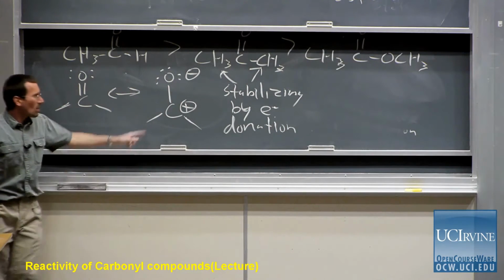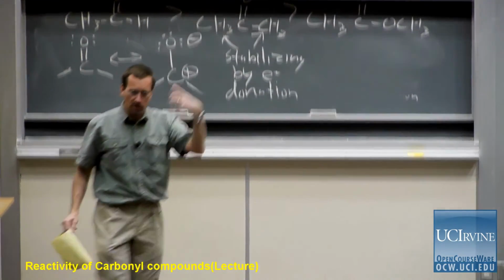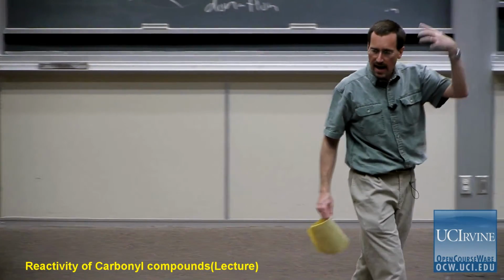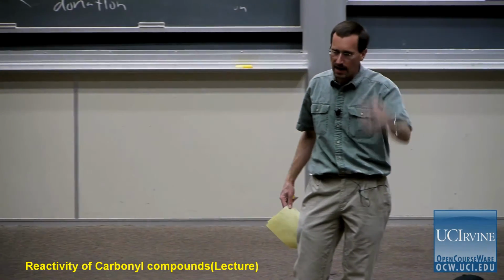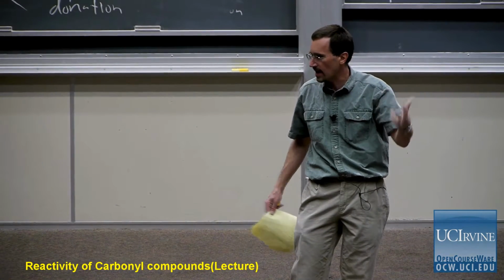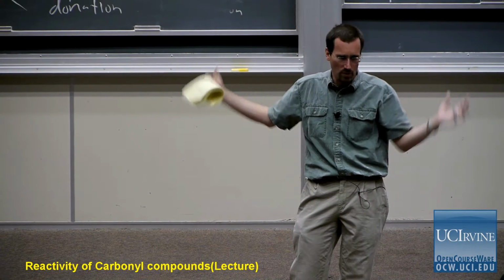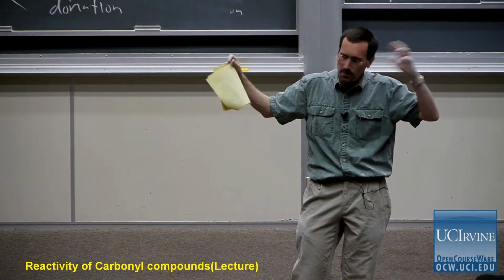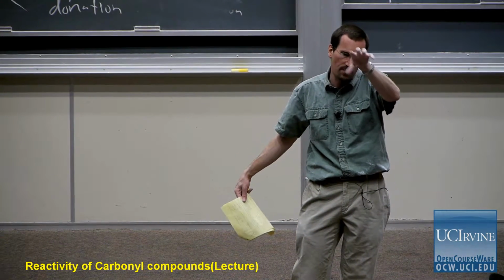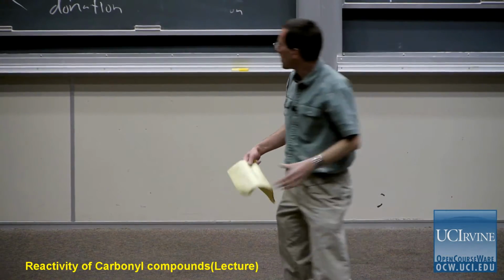When you learned about carbocations, you learned about hyperconjugation. You learned that a tert-butyl carbocation is more stable than an isopropyl carbocation, which is more stable than an ethyl carbocation. In other words, a tertiary carbocation, which has three alkyl groups donating electrons by hyperconjugation, feels less pain from that positive charge than a secondary carbocation, than a primary carbocation.